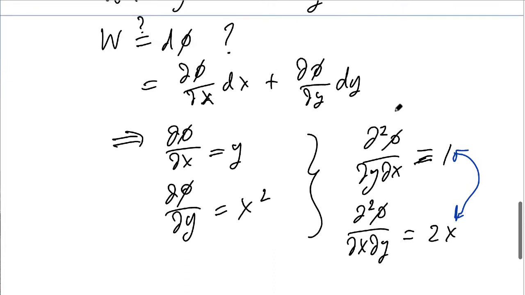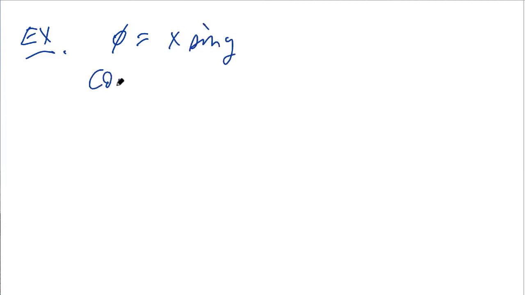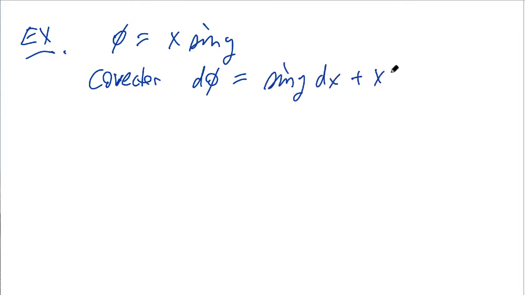Let's look at a specific example of a covector acting on a vector to give a number. So let's take the covector that's built from the function phi equals x times sine y. And then our covector will be d phi, the differential of phi, that's sine y dx plus x cosine y dy.